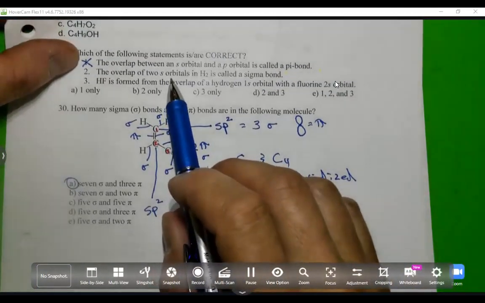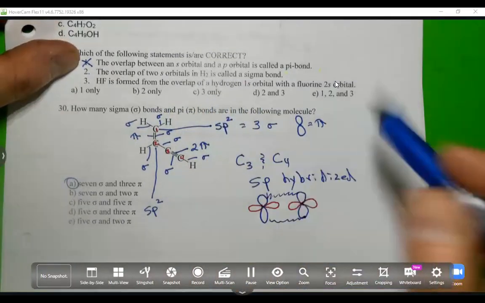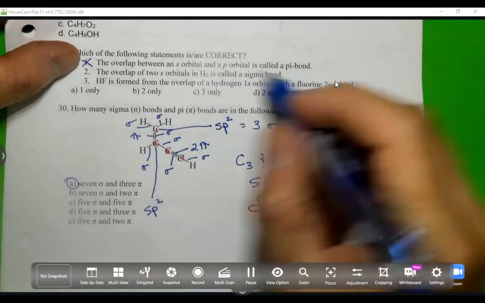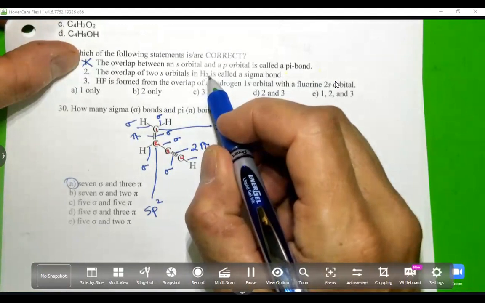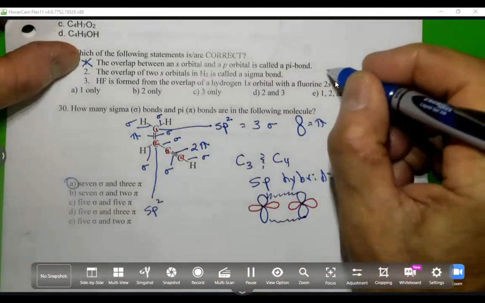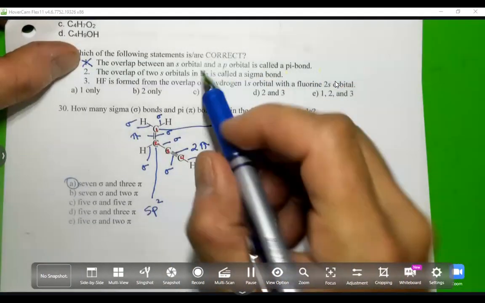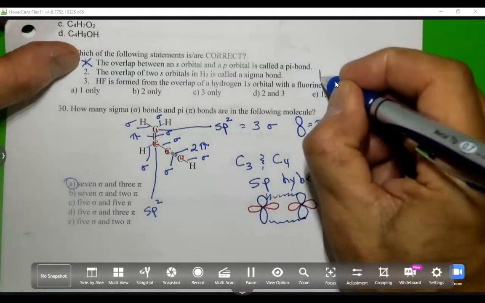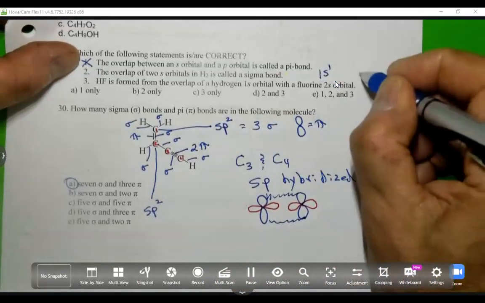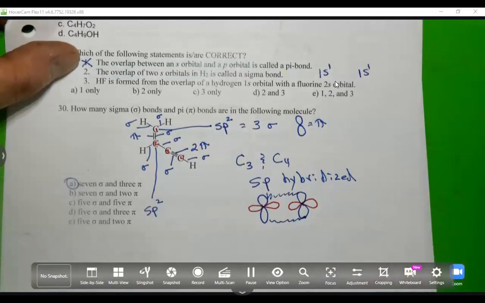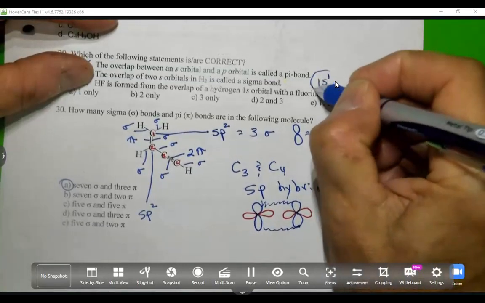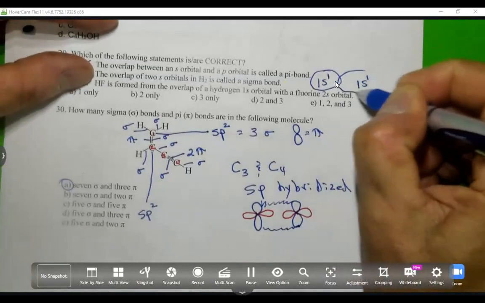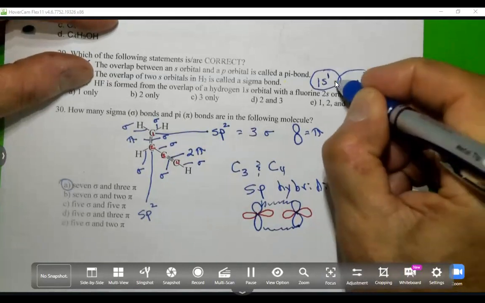The overlap of 2 s orbitals in H2 is called a sigma bond. That is correct. That's the only thing hydrogen can do. Hydrogen is just an s, right? Each hydrogen is 1s1 with another hydrogen that's 1s1. They'll share an electron from each.